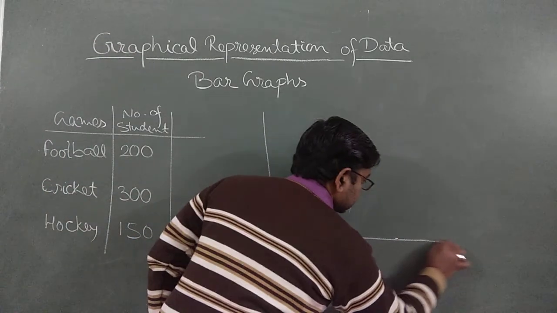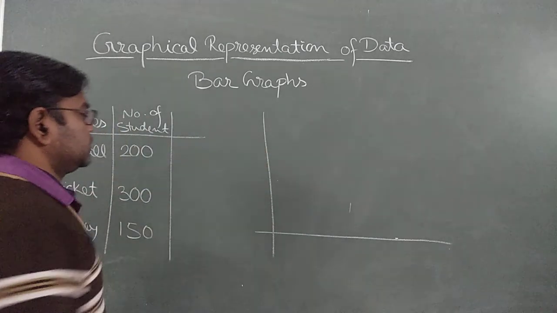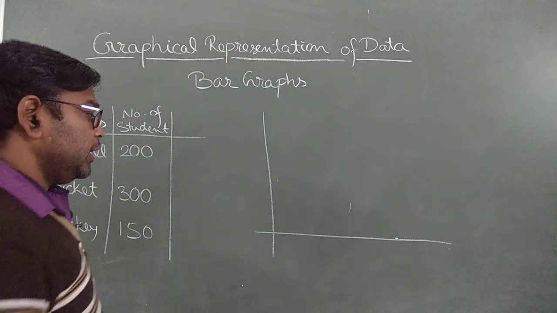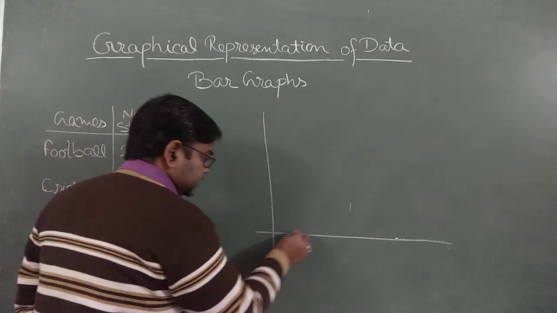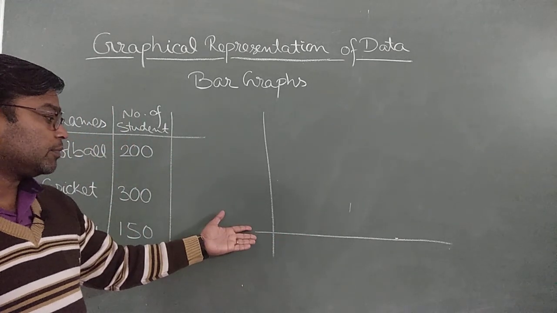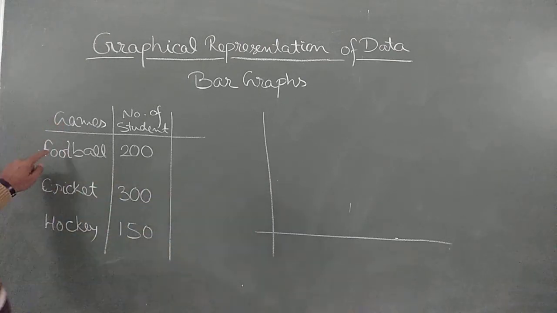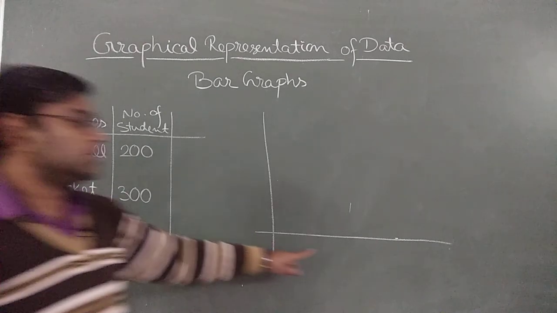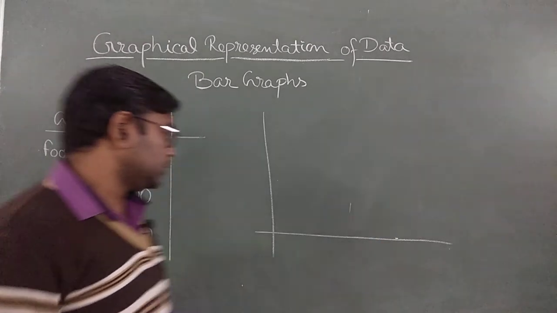This is your x-axis and this is your y-axis. Now we choose some points at fixed distance on the x-axis. This axis is only for the grouped data, that is football, cricket, hockey, whatever is given as a group. This x-axis is for the grouped part. Clear?